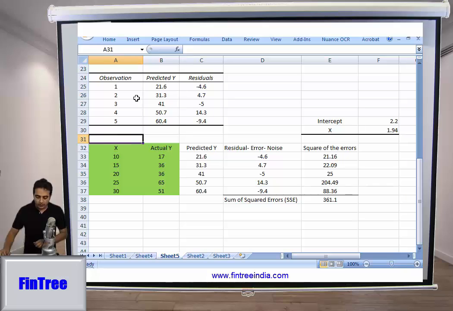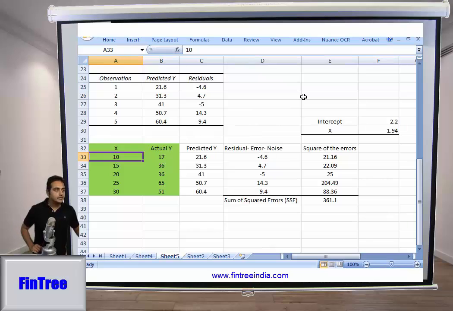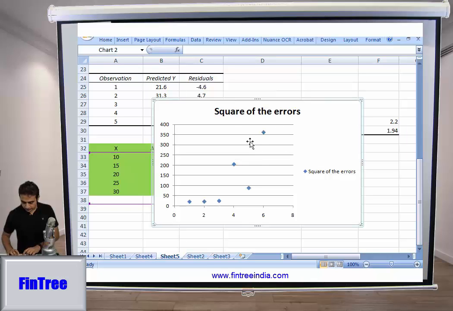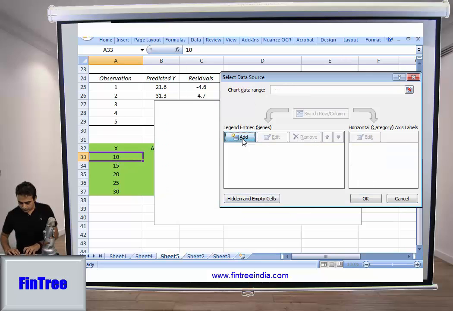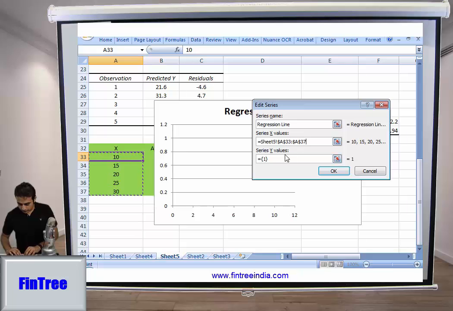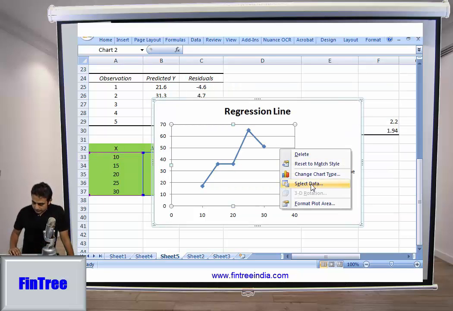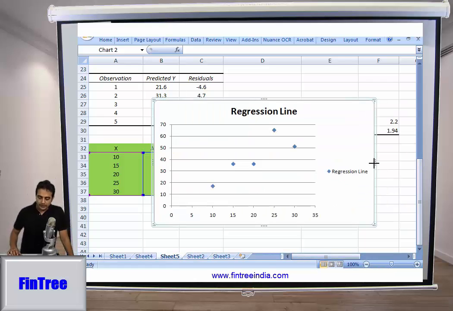So now I'm going to plot these values on a graph so that you have a better understanding. Now see, these are your actual points.